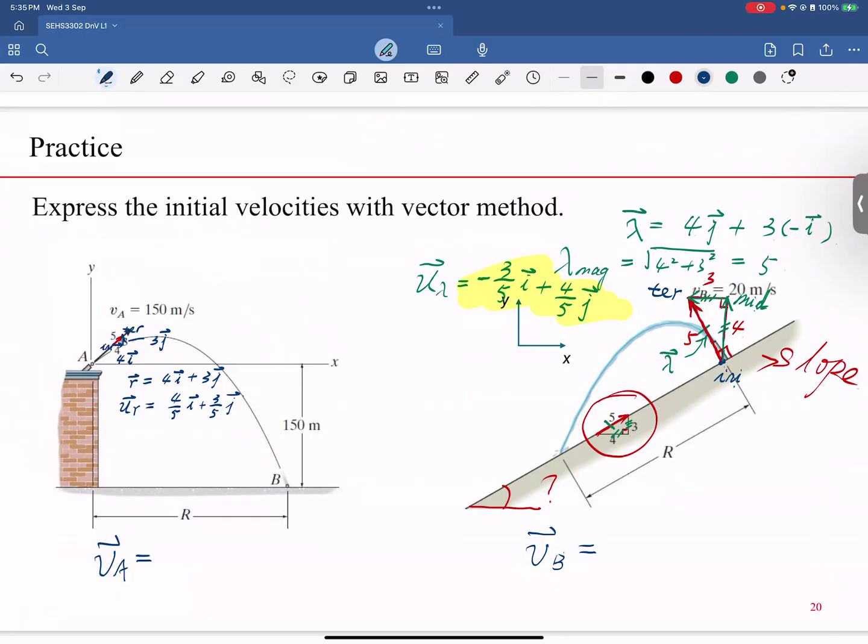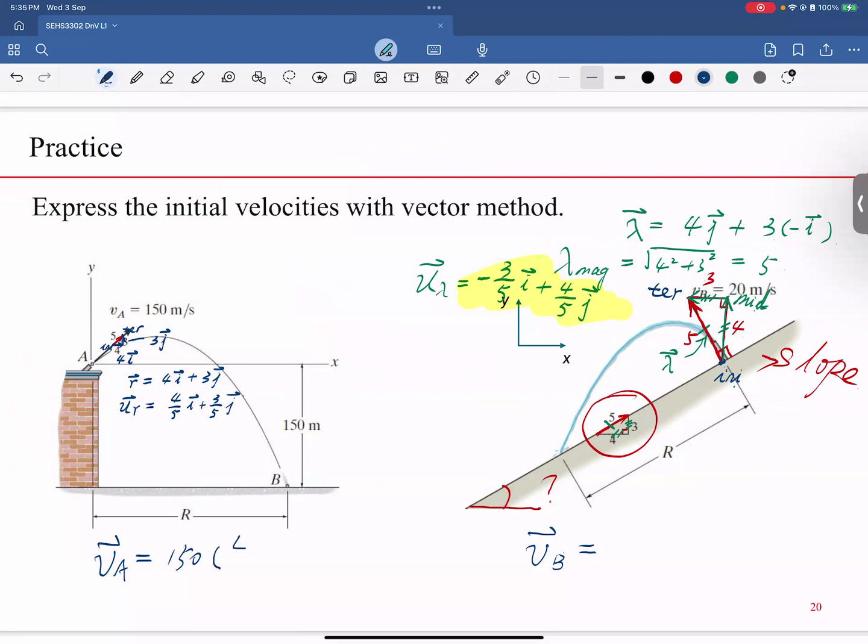VA. We write a vector here. So at the right side, it is 3 pieces of information. The magnitude, read it from here, 150. Direction is from the unit vector here. So 150 times the unit vector, and then the unit. So at last is 150, this is the magnitude.